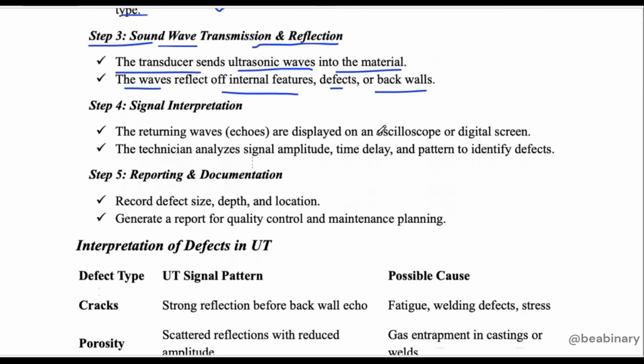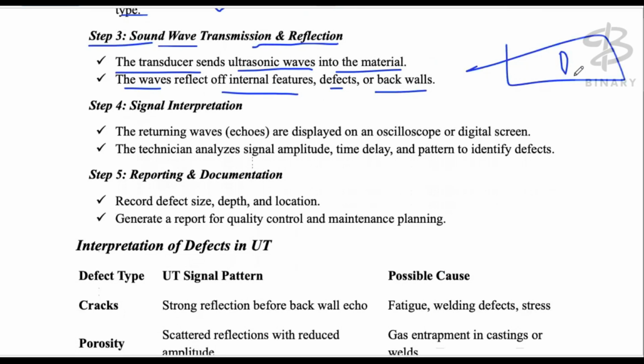Different sizes can also be detected with the help of the computer. Suppose this is a material, and here you have this kind of defect. Suppose it is inside the material, we are not able to see it through the naked eye, or it is not on the surface but inside the material. For every part, this whole area will be reflecting the wave, right?